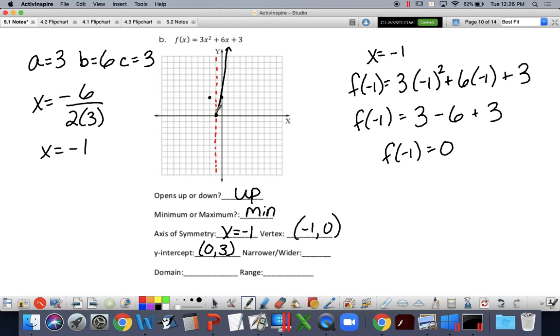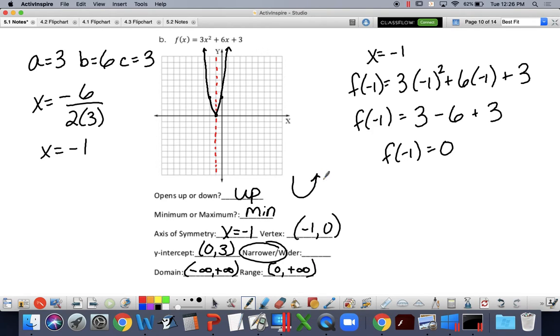This one's much steeper. All right. So I see a positive in front of the x squared, so I know it's going to open up.